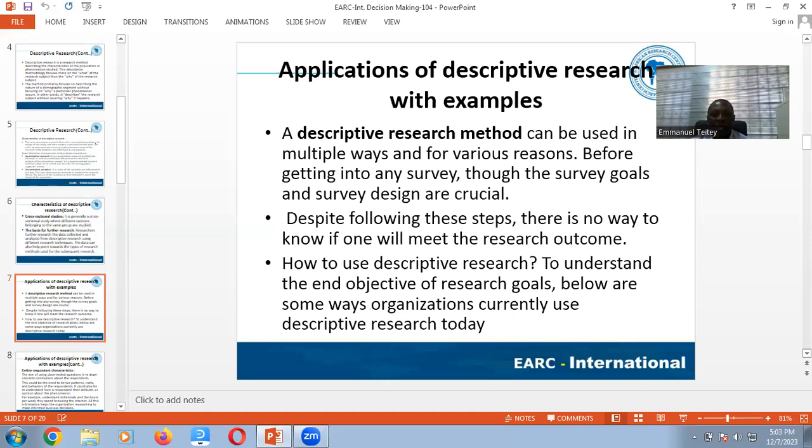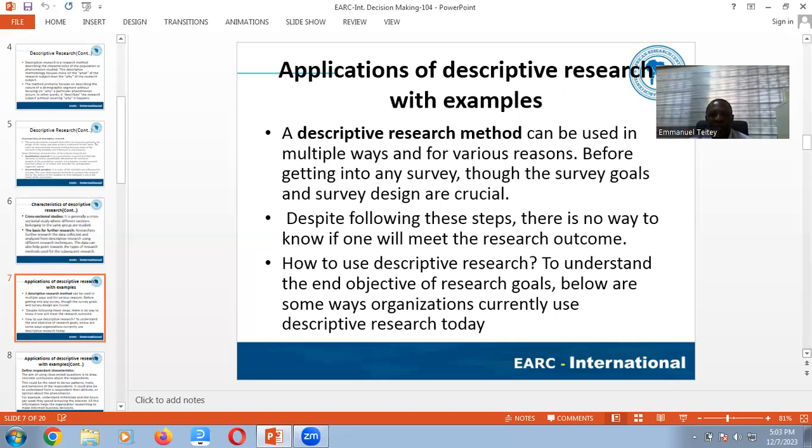Despite following these steps, there is no way to know if one will meet the research outcome.